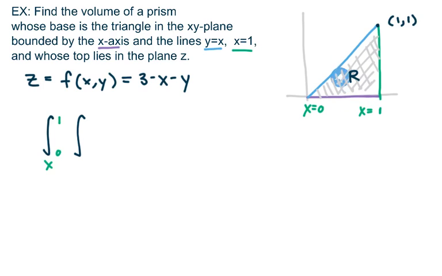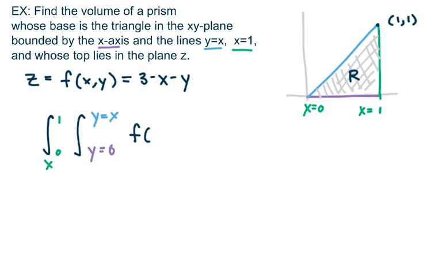What are my upper and lower bounds? My upper bound is the line y equals x, and my lower bound is the x-axis, y equals 0. So we would integrate this function, f of x, y, dy dx. So that is one setup.